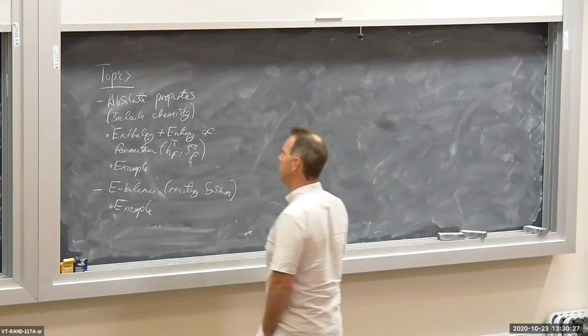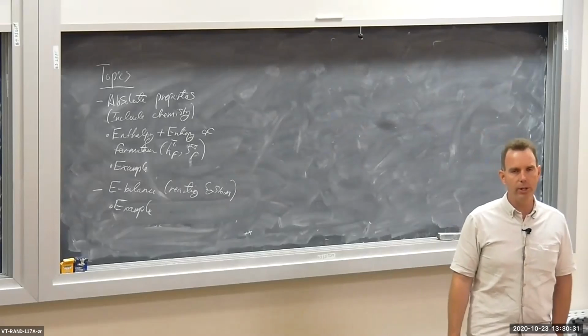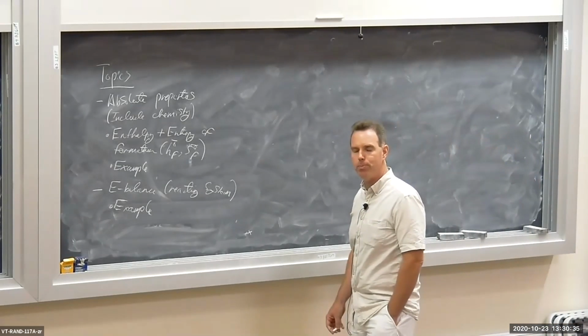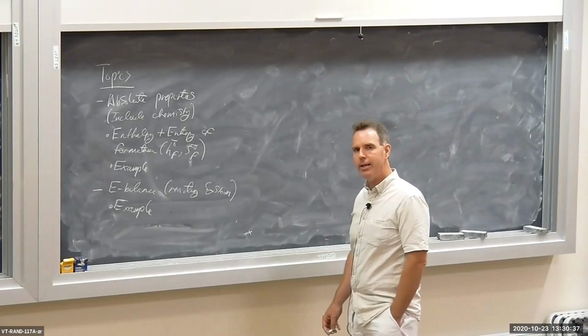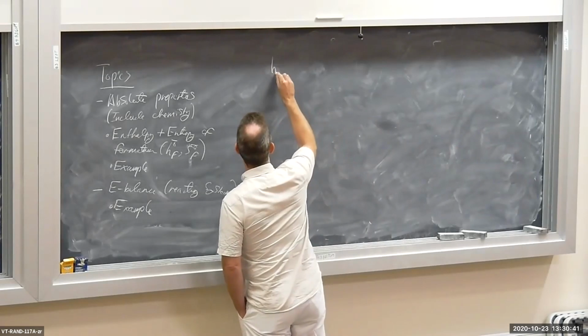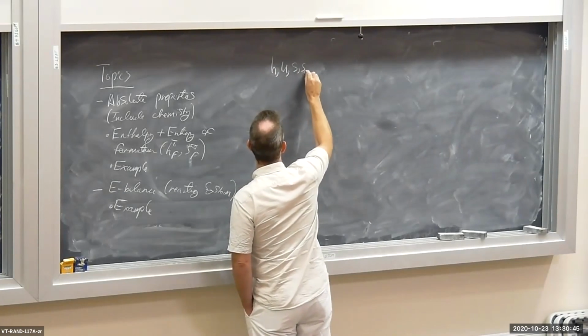So what's this about absolute properties? Well, the problem is that all the u's, h's, and s's thus far that you've seen in your property tables do not include the effects of chemistry. So far, h, u, and s, and that includes s naught.